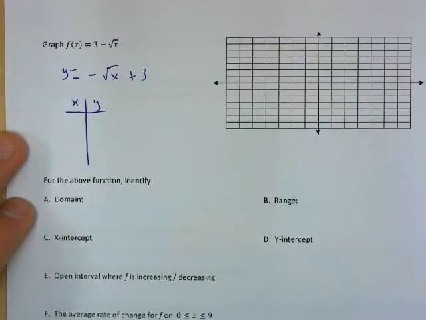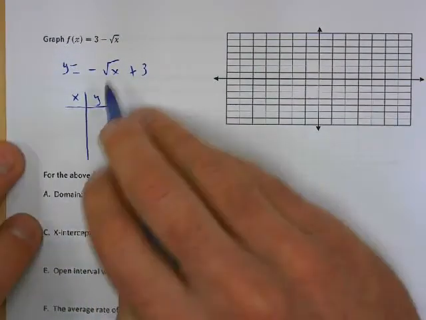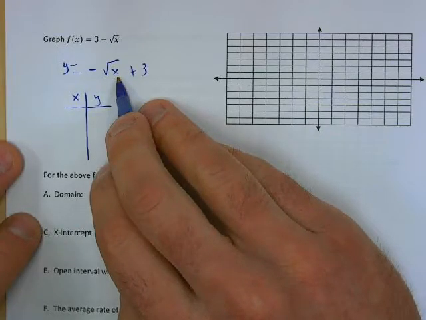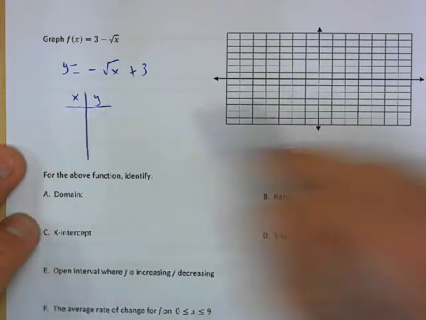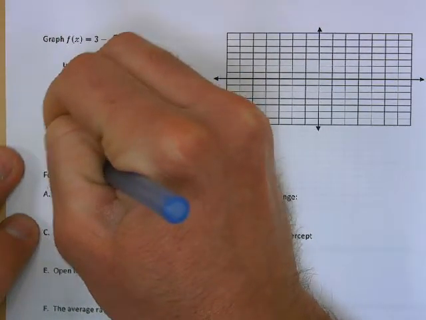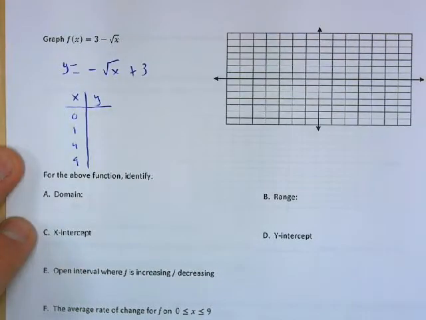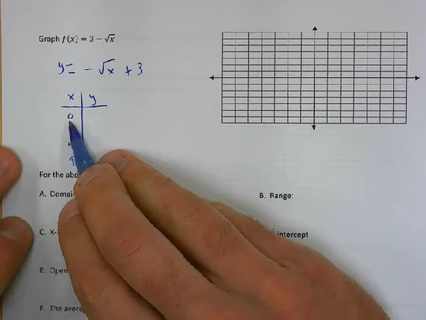All right, so we want to plug in values under our radical that give us perfect squares. Now, since there's nothing else under the radical other than x, we can actually plug in our perfect squares. I can plug in 0 and 1 and 4 and 9, and we'll stop there because that will get us off the graph anyways. Okay, and if I stick in 0, what do I get?